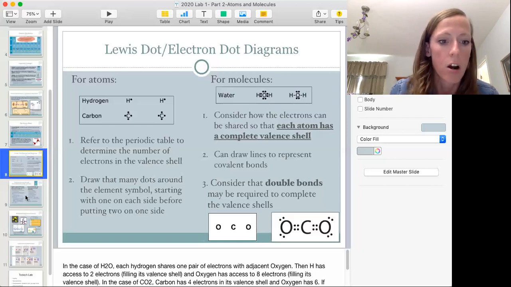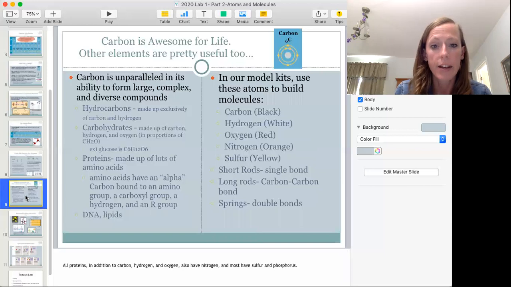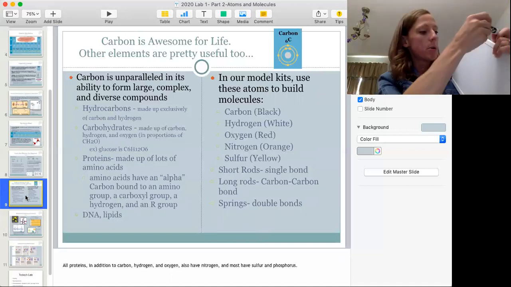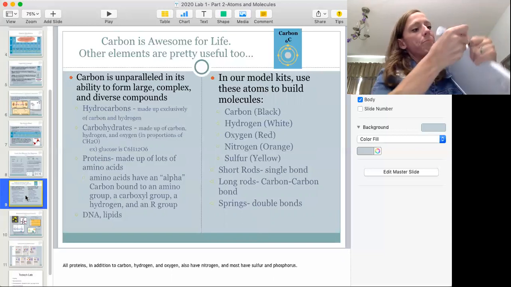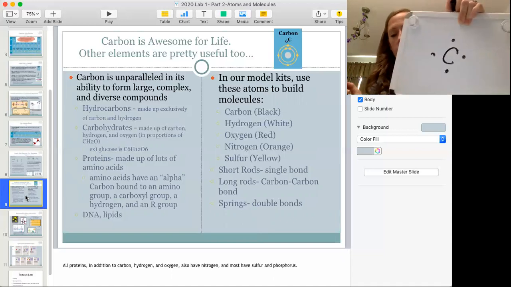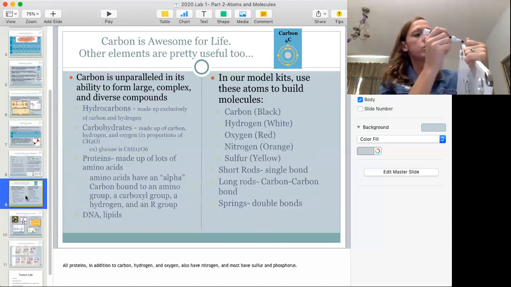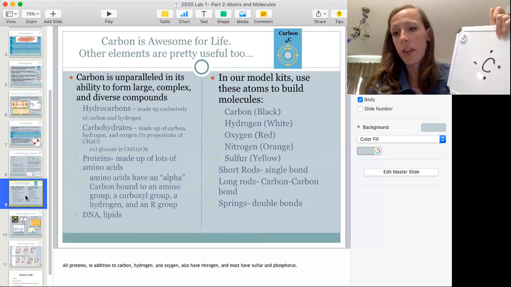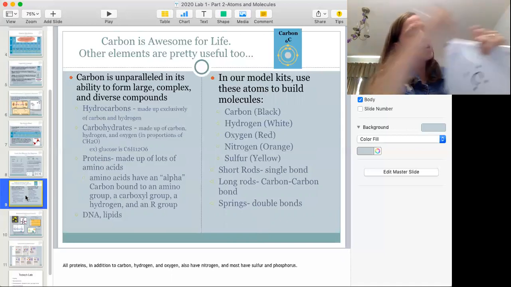Okay. All right. Then, additionally, I've talked a lot about a few elements, carbon being one of them, because carbon has an unparalleled ability to form large, complex, diverse compounds. If you remember, our carbon had 4 electrons in its valence shell, so it can form, like, say, single bonds with hydrogens.